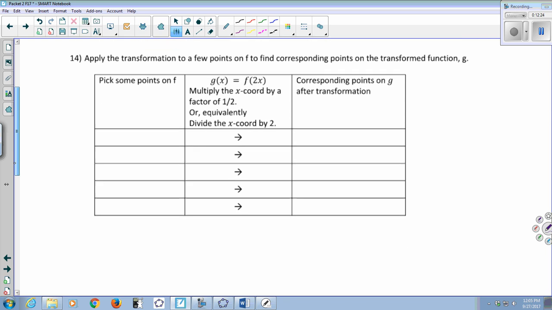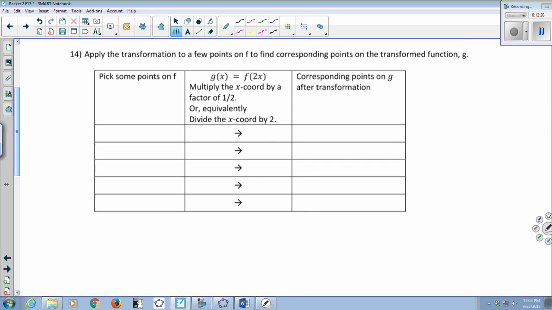I want to apply the transformation to a few points on f, find the corresponding points on g. So some points on f would be (0, 0), (1, 1), (4, 2), because remember f of x is the square root of x, (9, 3), and (16, 4). All right, so g of x is f of 2x.